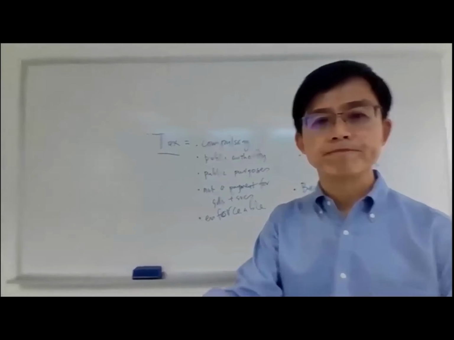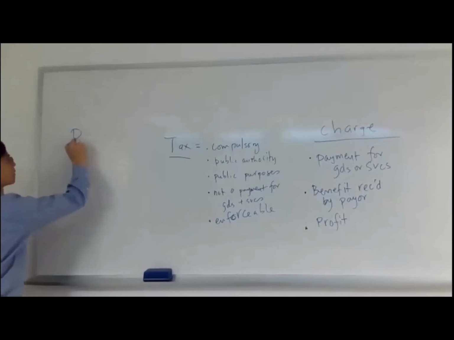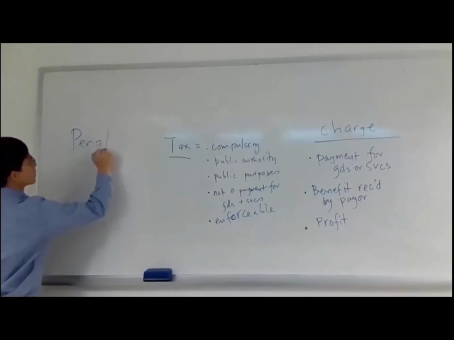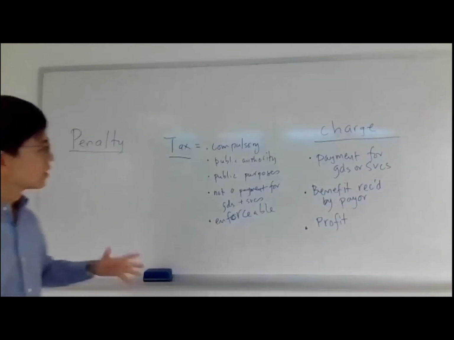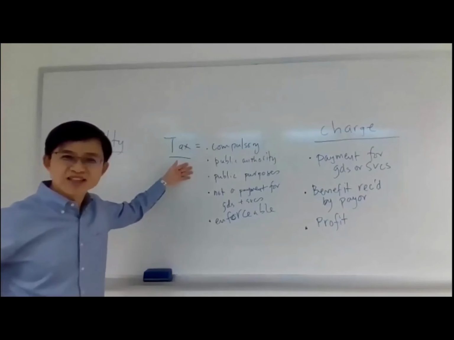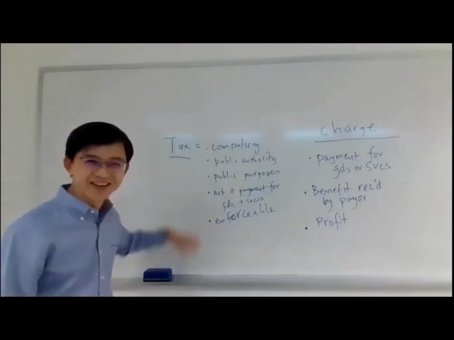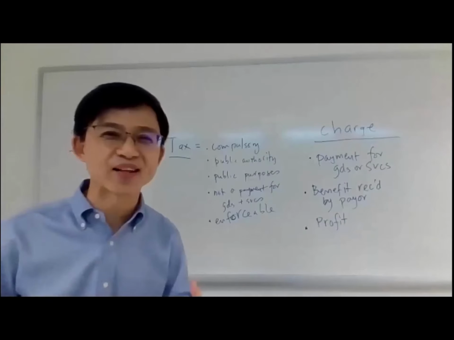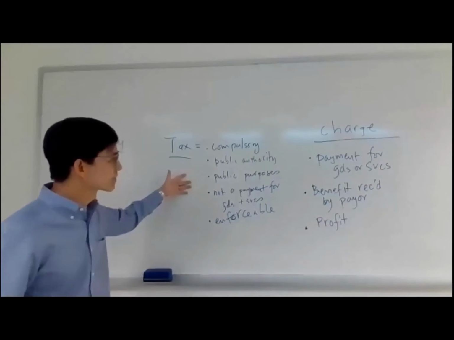Then we look at the concept of a penalty. Some people say a tax is like a penalty for being successful. You make money, and then the state says, I'm going to collect $20 out of your success and your gains.